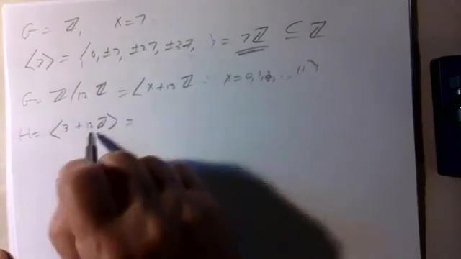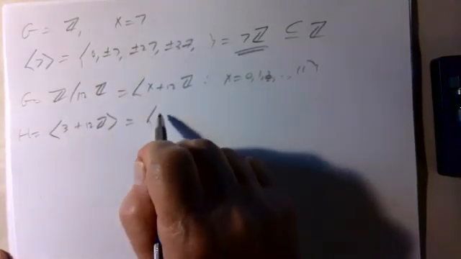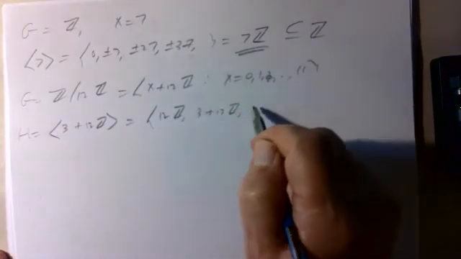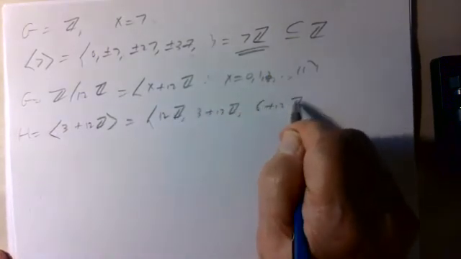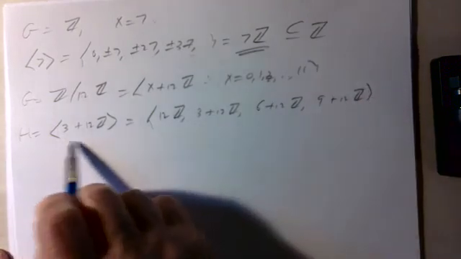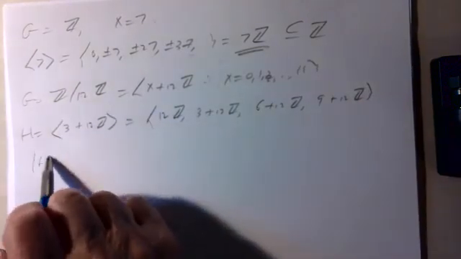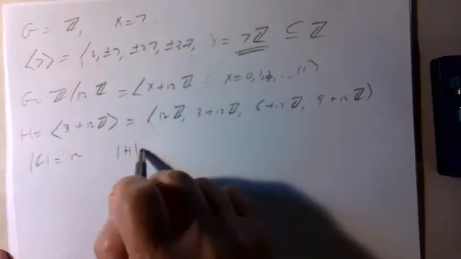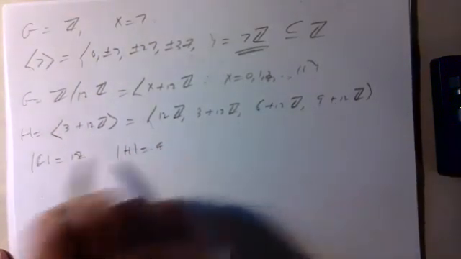It's just a set of all multiples of 3 plus 12Z. That's going to be 12Z, 3 plus 12Z, 6 plus 12Z, 9 plus 12Z. So the order of G is 12. The order of H is 4. Of course, 4 divides 12.